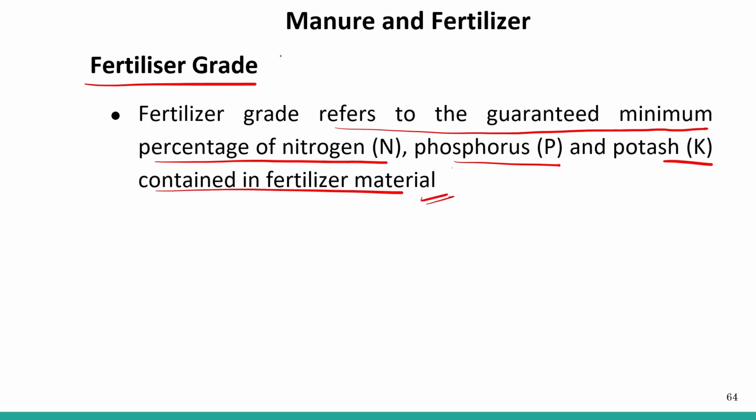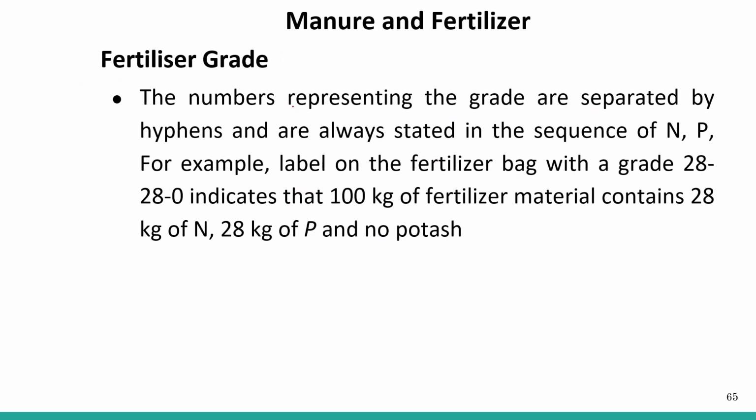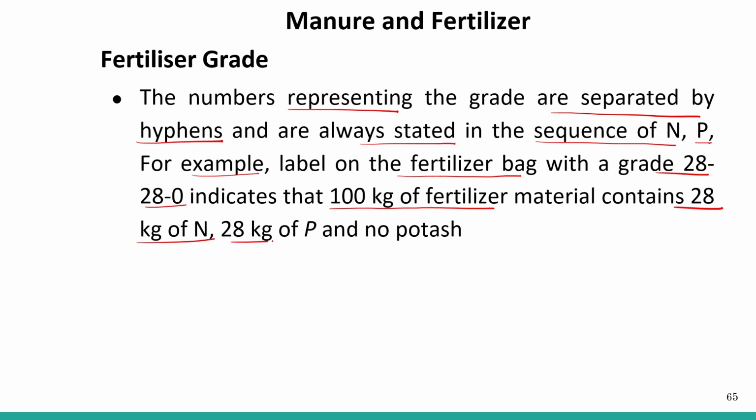So this is called a fertilizer grade, in which the amounts of nitrogen, phosphorus and potassium present in the fertilizer are stated. The numbers representing the grade are separated by hyphens and are always stated in the sequence of N, P, K. For example, a label on the fertilizer bag, grade 28-28-0, indicates 100 kilogram of fertilizer material contains 28 kilogram of nitrogen, 28 kilogram of phosphorus and no potash.